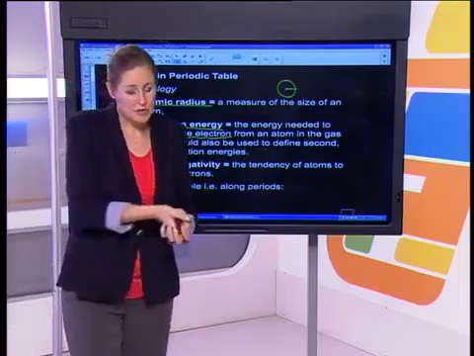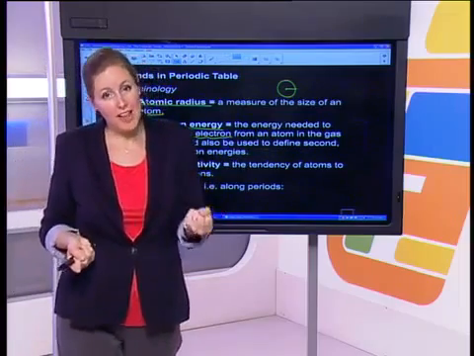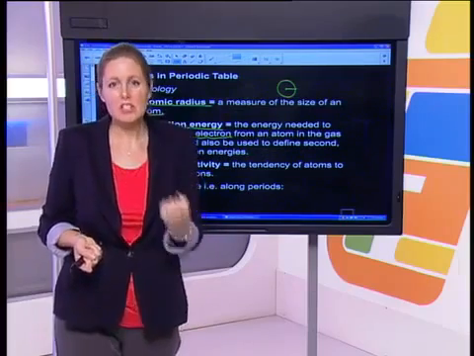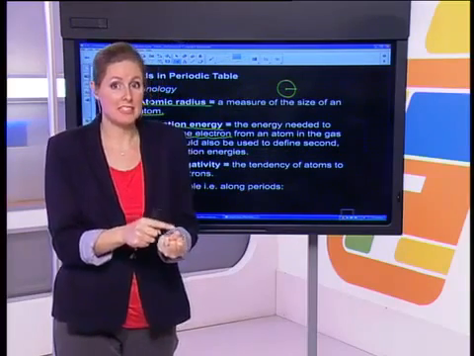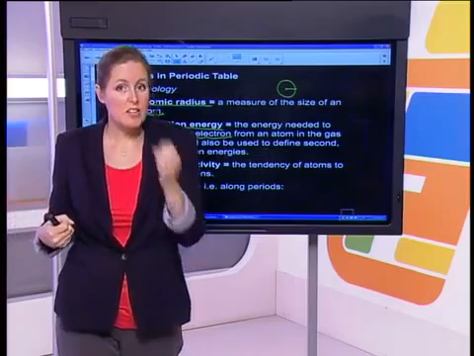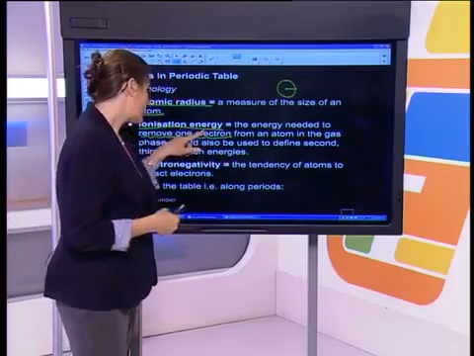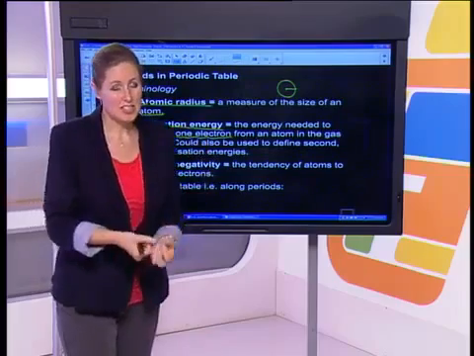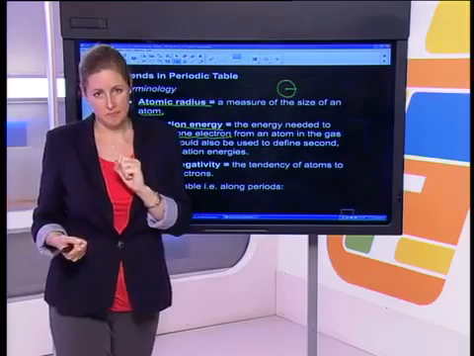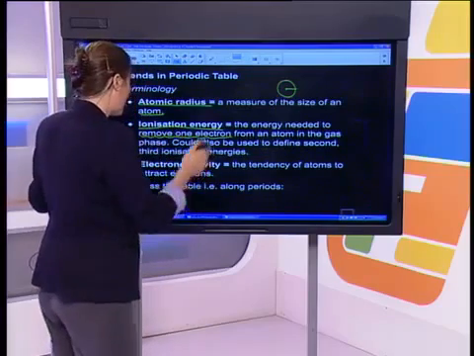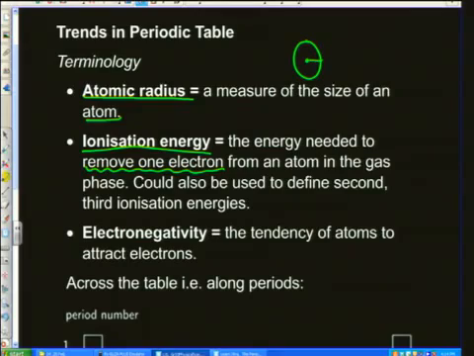Which, if you've taken away an electron from a neutral atom, is going to mean that it has formed an ion, because it's now no longer got the same number of protons as electrons, because you took an electron away. So the ionization energy is the energy needed to take an electron away and cause that thing to become an ion. Okay? So the energy needed to remove 1 electron from an atom in the gaseous phase.